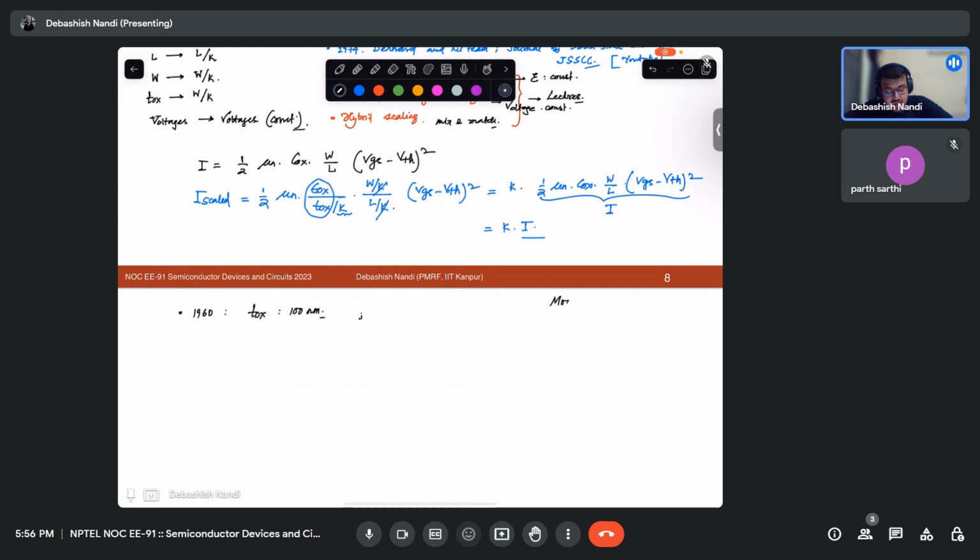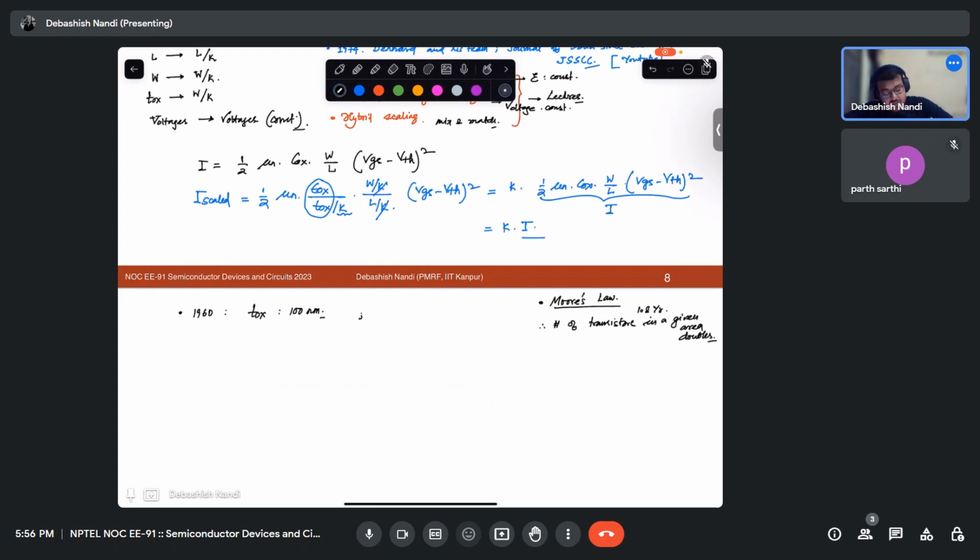Have you heard of Moore's law? What is Moore's law? Every 1.8 years, the number of transistors in a given area doubles, right?